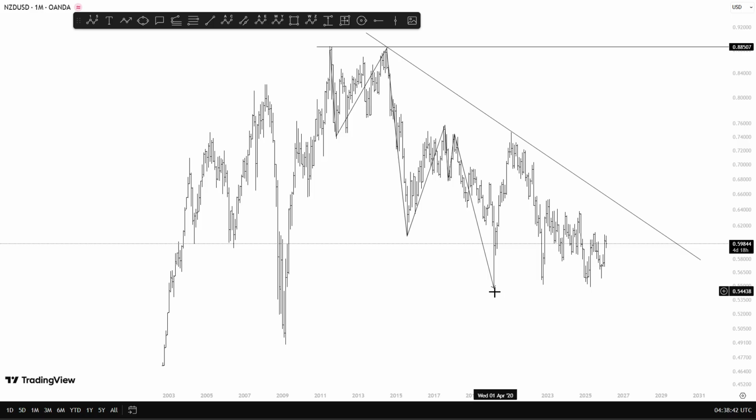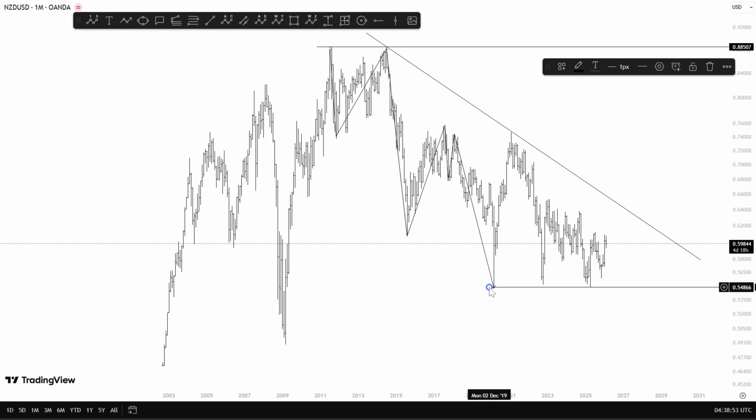After a clean 7 swing, the next thing we have is what? Impulse, which means we are beginning a new impulsive wave trend on New Zealand USD. This is the monthly time frame, don't forget.